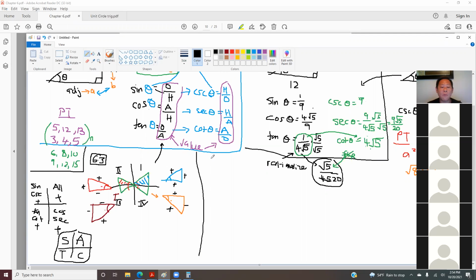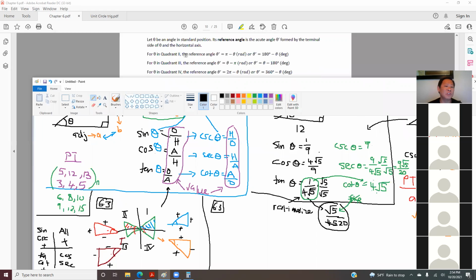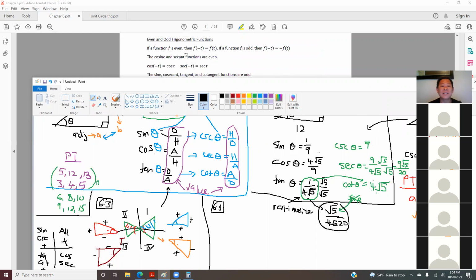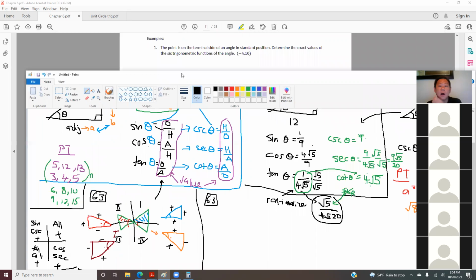Okay. So now what happens with 6.3 homework here is it looks very similar to 6.2, but you just need to watch for your sign in this case. For example, you got a point. The point is (-4, 10).